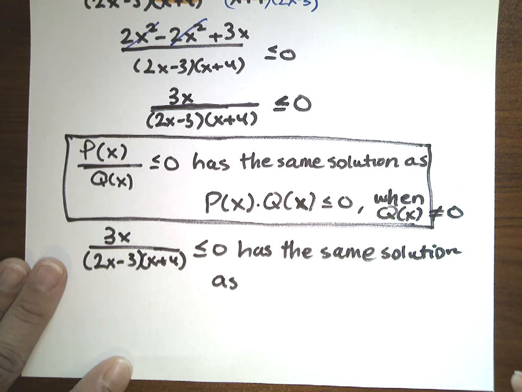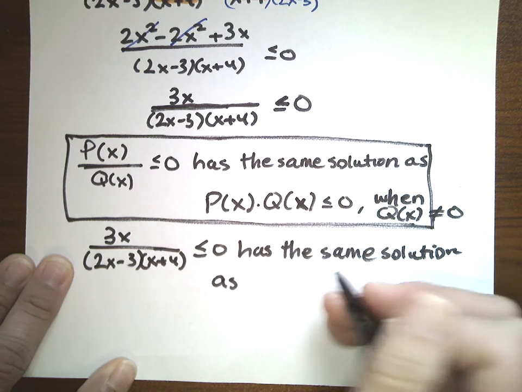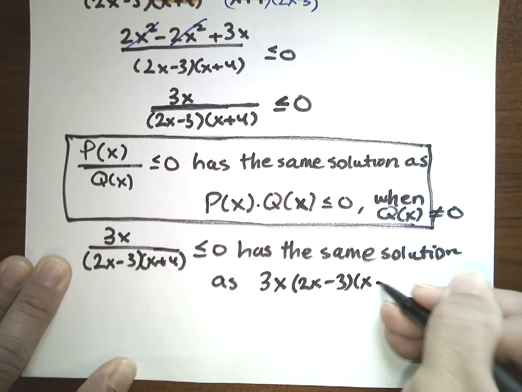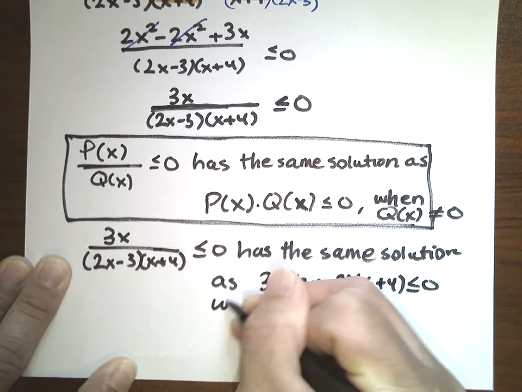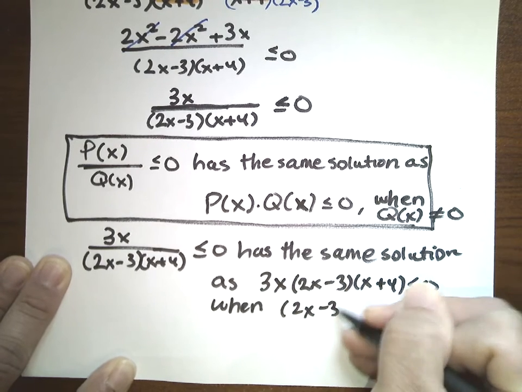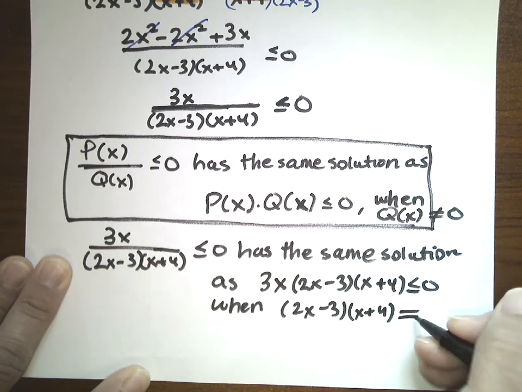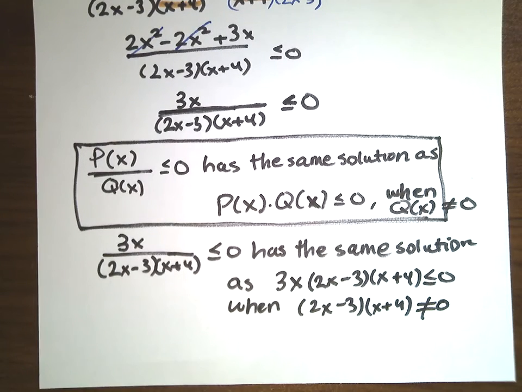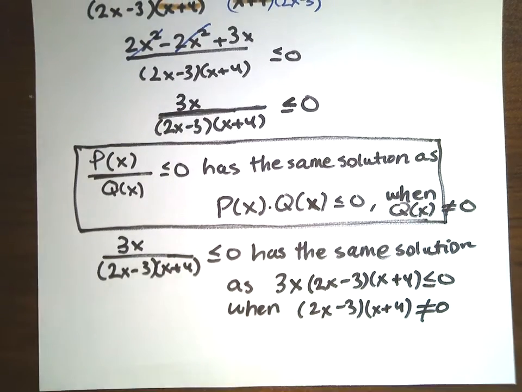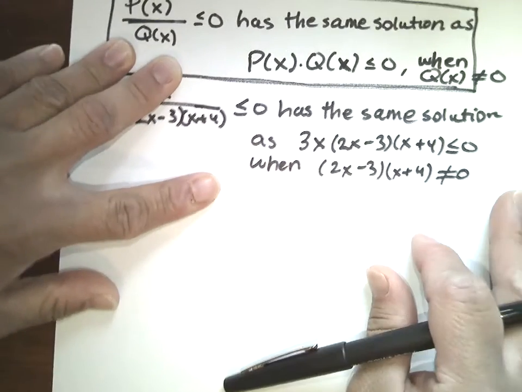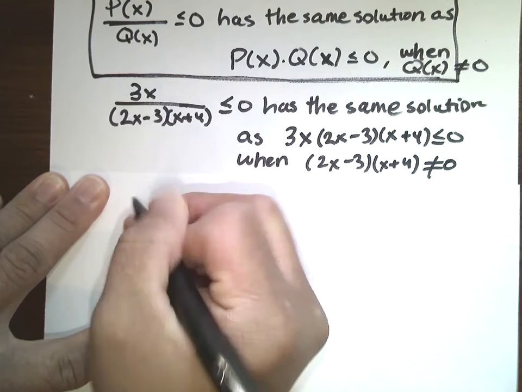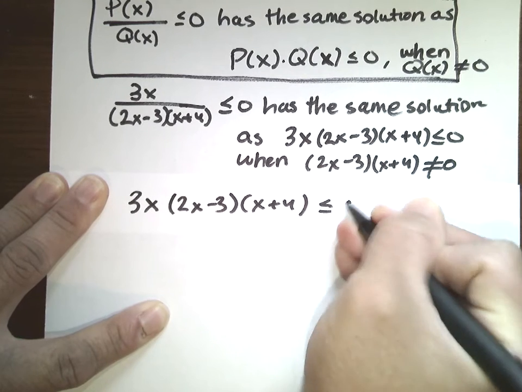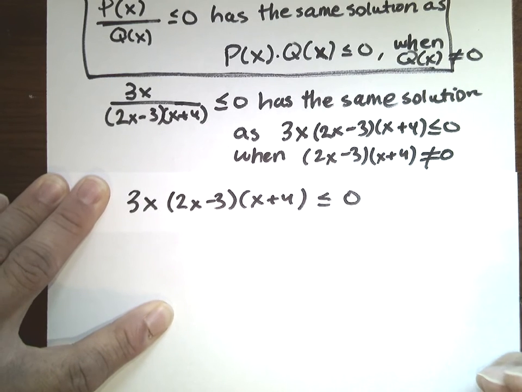So just remember that we still don't want the denominator to be equal to 0, that is, when 2x minus 3 times x plus 4 does not equal 0. All right, so now what am I going to do with this? So I have 3x and 2x minus 3 and x plus 4 less than or equal to 0. So that's what I'm actually going to work with here.